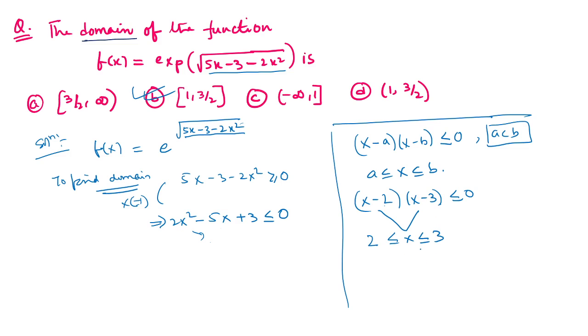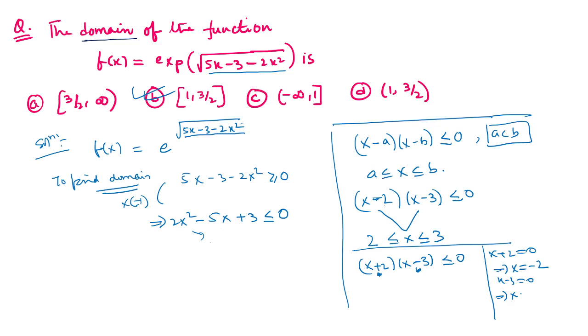Okay, one more. Suppose I say (x plus 2)(x minus 3) less than or equal to 0, right? This is slightly different. Here x plus 2 is 0 at x equal to minus 2, and x minus 3 is 0 at x equal to 3.